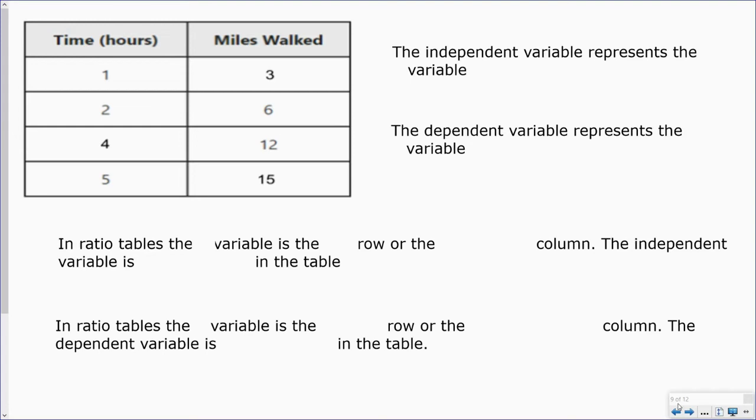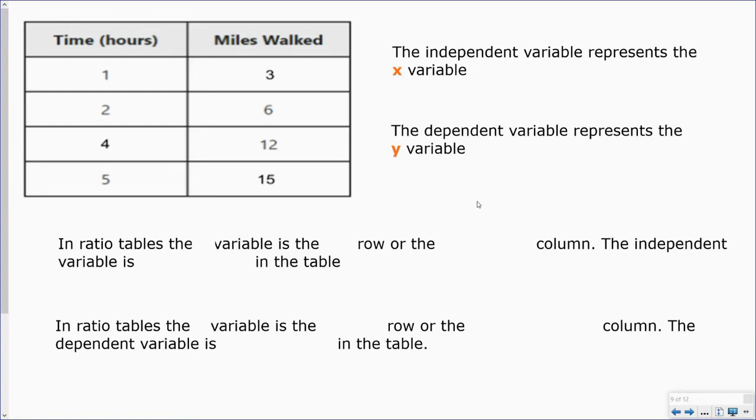So when dealing with a table, the independent variable represents the x variable and the dependent variable represents the y variable. Again, the next part of this should be somewhat of a review from discussions we did with ratio tables.